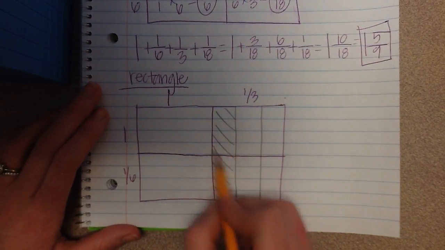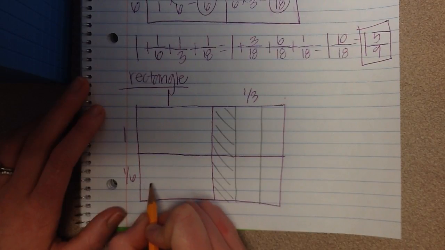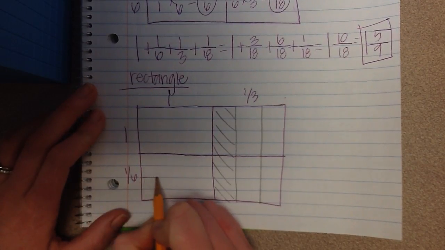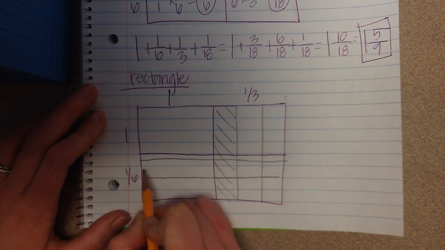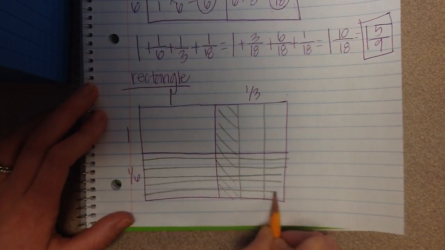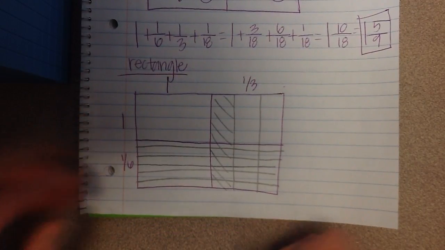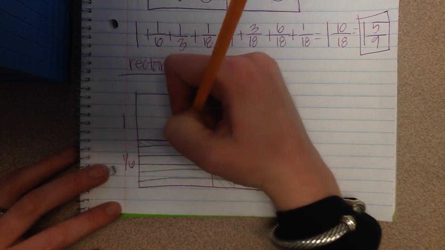Then I colored in 1/3. Then here, I'm going to break this up into 6. And this is a little tricky because there's so many lines from the paper, but we have to look past that. I'm coloring 1/6.